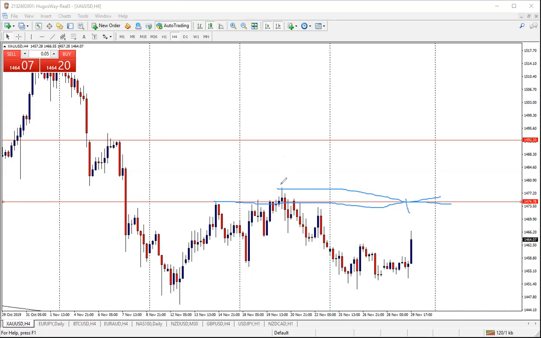And then my stop loss, no matter what, would be just about 4 or 5 pips above this particular line. This is where my stop will be, just a few pips above that particular line, right?